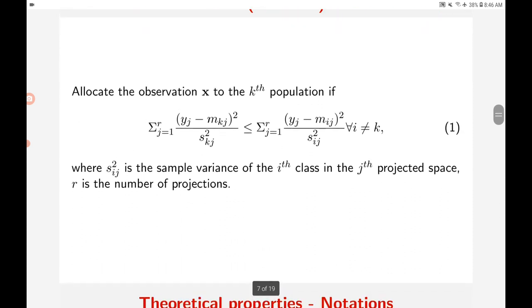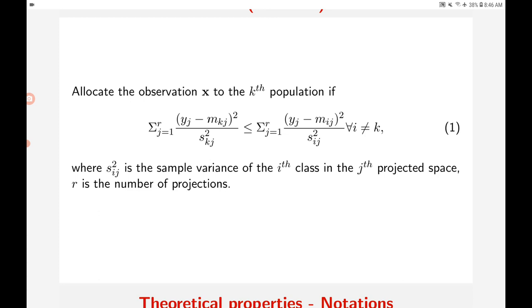For a more general case where we have multiple classes, we can allocate the observation X to the K-th population if it satisfies inequality number 1. Here Sij is the sample variance of the i-th class in the j-th projected space and r is the number of projections.